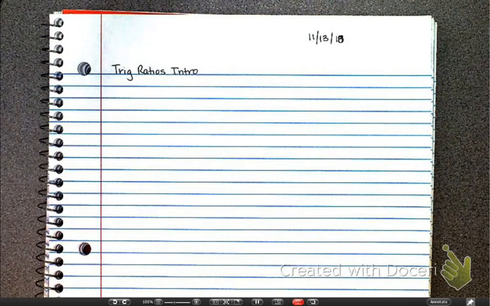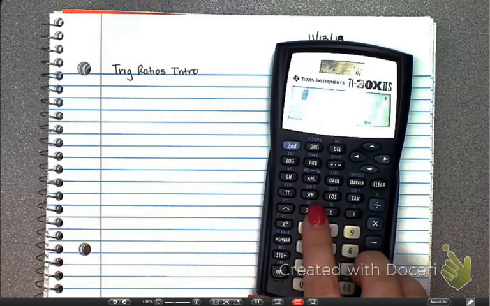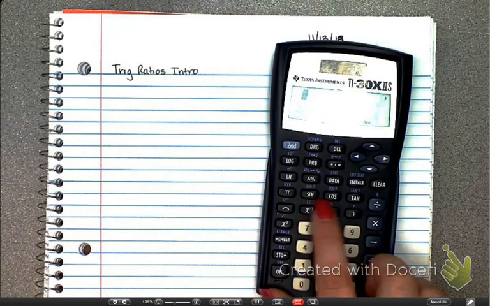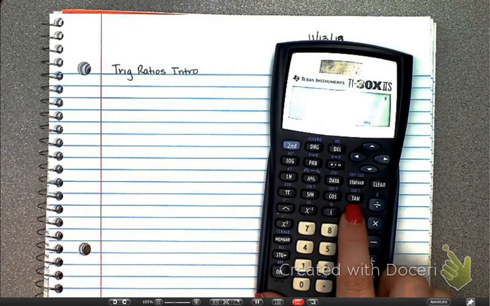Also, in this unit, you have to have a scientific calculator that has the trig buttons. If you look at your calculator right now, you should see, right in the middle, sine, cosine, and tangent: SIN, COS, TAN. Everyone see those on their calculator?